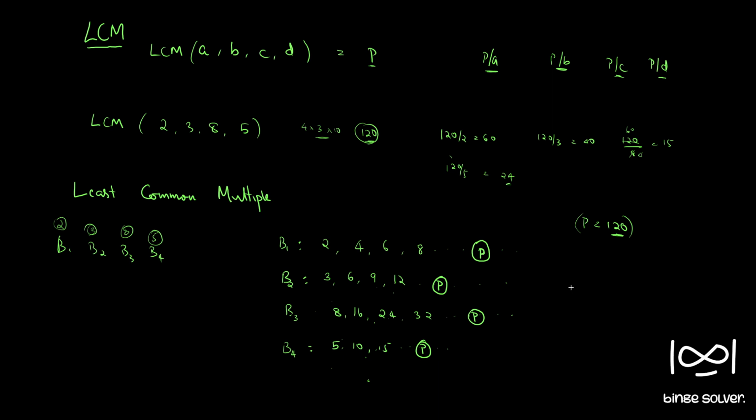If you are given 4 numbers and asked to find the smallest number that is divisible by each number given.